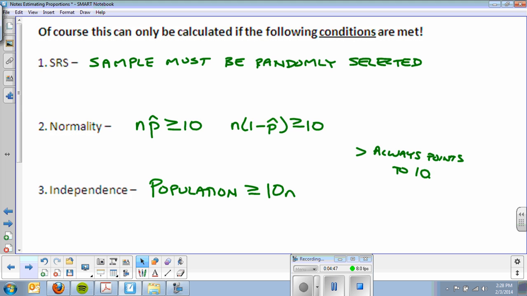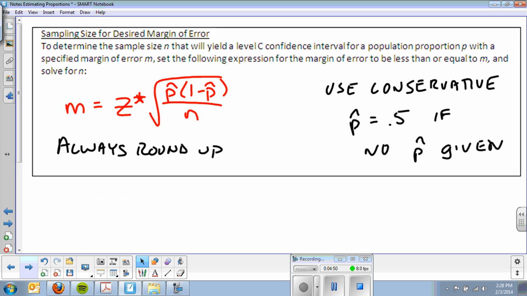Okay, now one last formula that we want to write down, and that's if you're asked to get the sample size. So sometimes I'll want to know how many people I should ask in order to get a desired margin of error. In class today, some of the confidence intervals for predicting M&Ms were really wide. And let's say we want to narrow that down. We talked about how you need to increase the sample size.